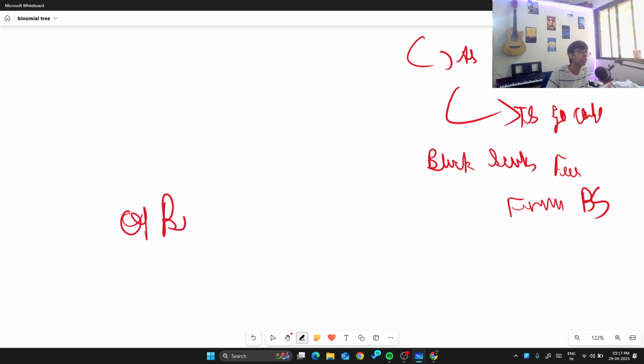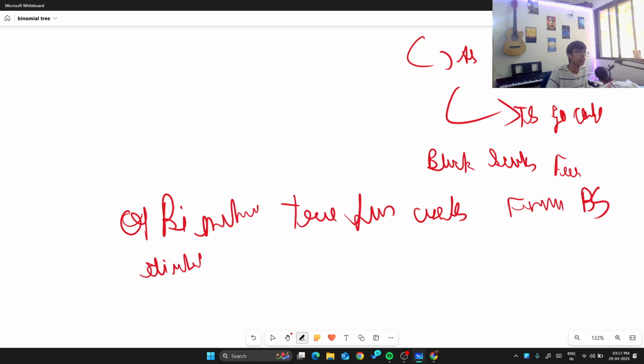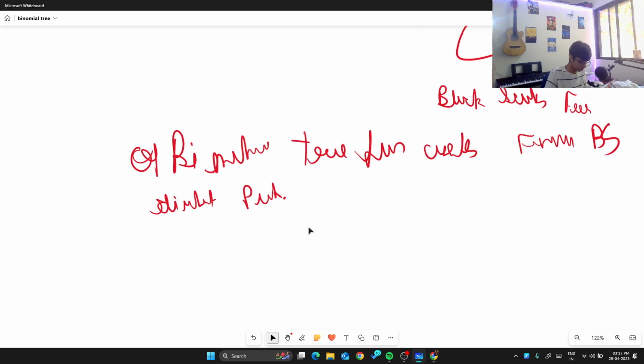Binomial tree for other assets. First, a dividend paying stock. For dividend paying, you will just keep everything the same. Only a value would be changed, and q is the dividend rate.